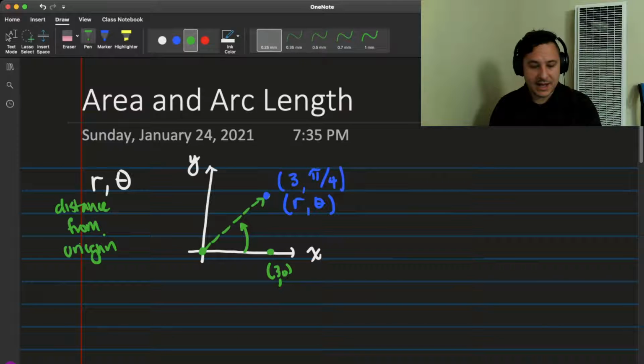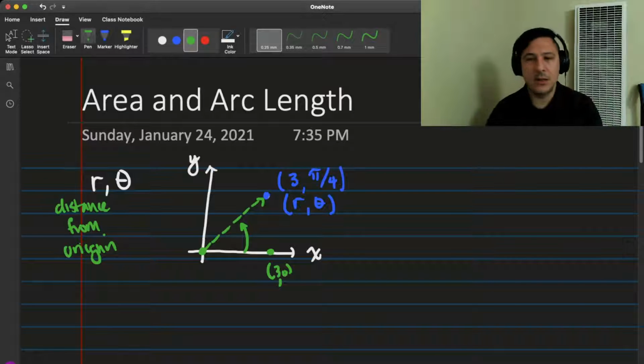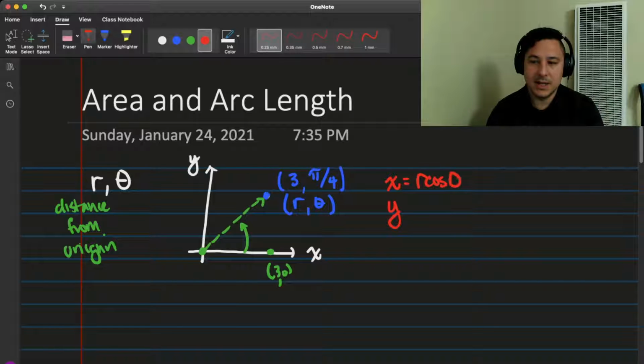Okay, and we found out that there were some ways to translate between polar and rectangular coordinates. For instance, if you have polar coordinates, you can get the x and y values pretty straightforwardly. It's x equals r cosine theta and y equals r sine theta. And then if you want to go the other way around, r squared equals x squared plus y squared.